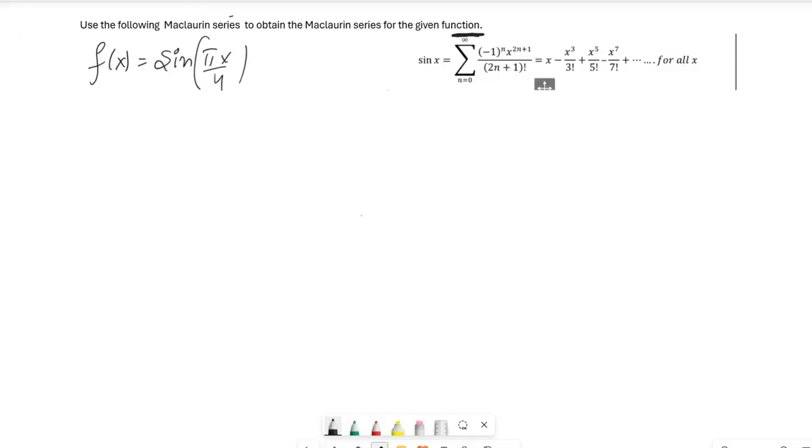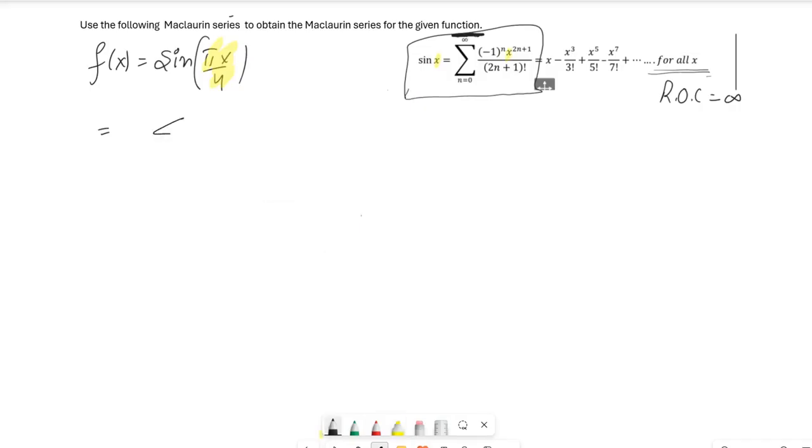Here is another example of a Maclaurin series, for the function sine of pi x by 4. Here we are going to use the standard Maclaurin series of sine x, which is convergent for all x, so the radius of convergence is infinity. Basically, wherever there is x, we need to replace it by pi x by 4.